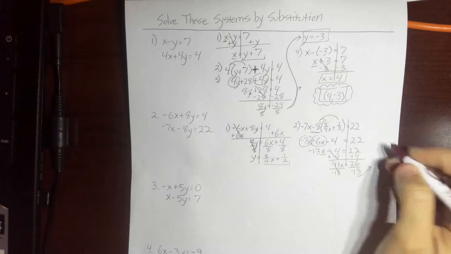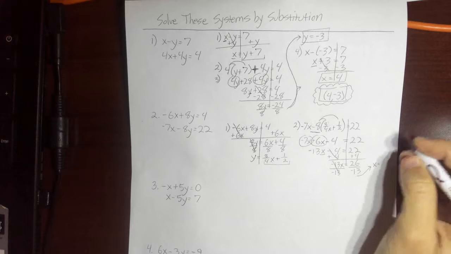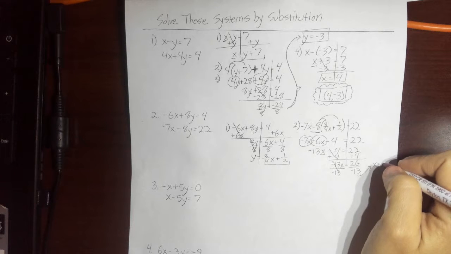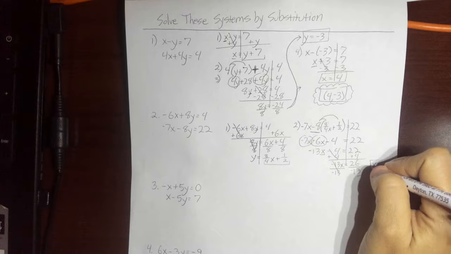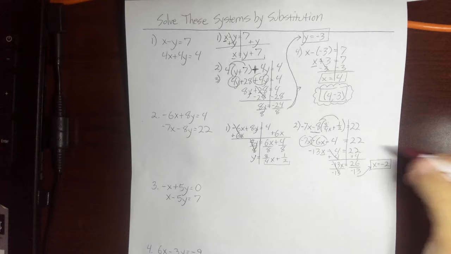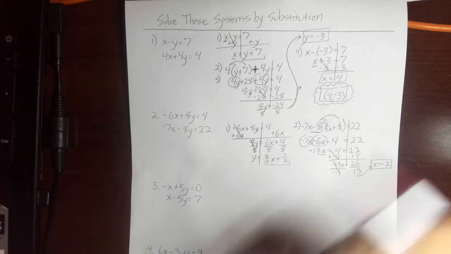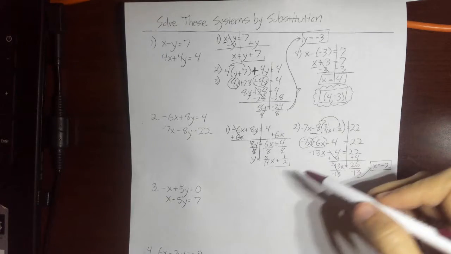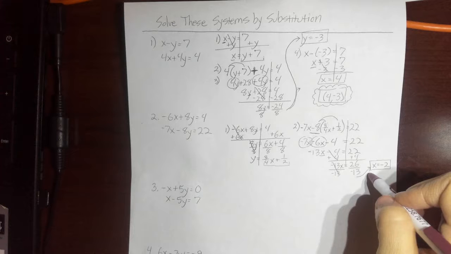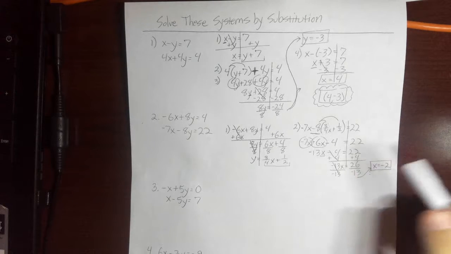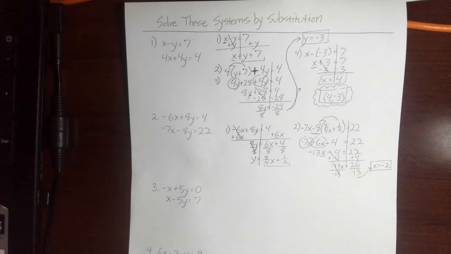And I'm going to find that my x is equal to negative 2, because 26 divided by negative 13 is negative 2. So at that point I just have my x. I'm going to have to plug this back in to figure out my y.